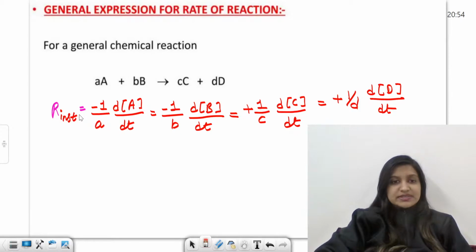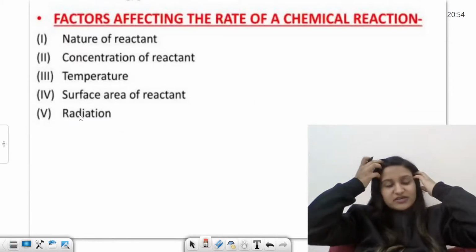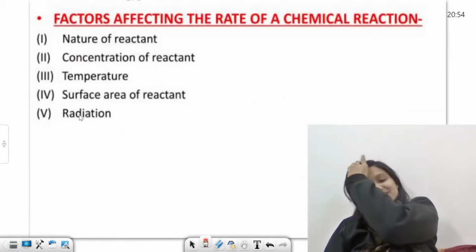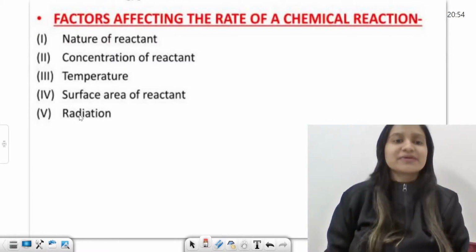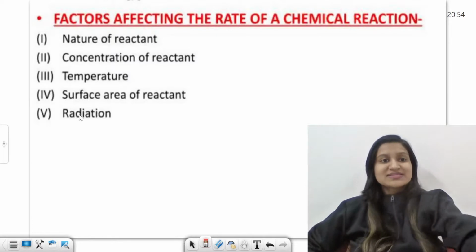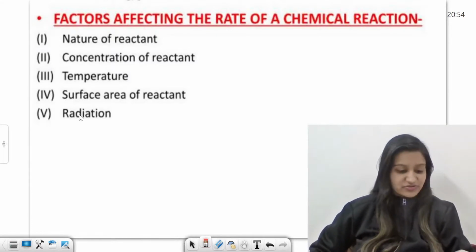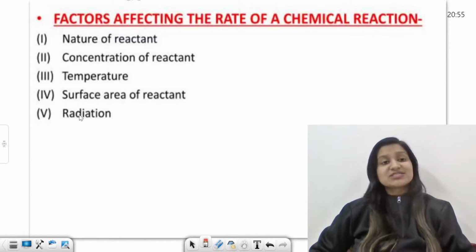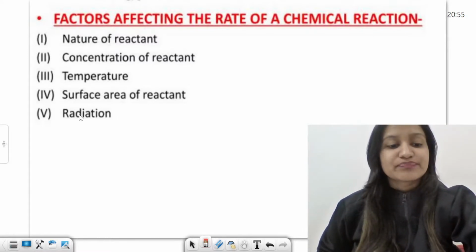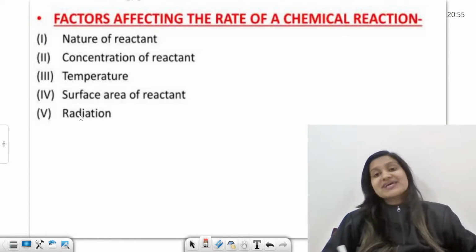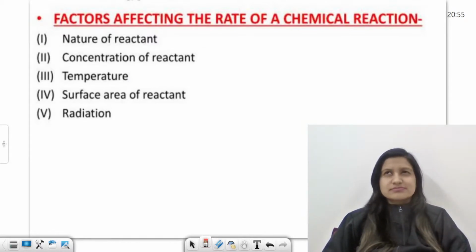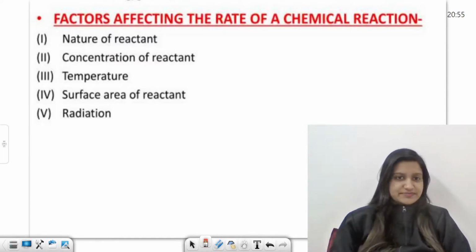Okay. Now comes the next part, which is the factors affecting the rate of chemical reaction. Means what are the things by which your reaction rate, the speed of the reaction, gets changed.